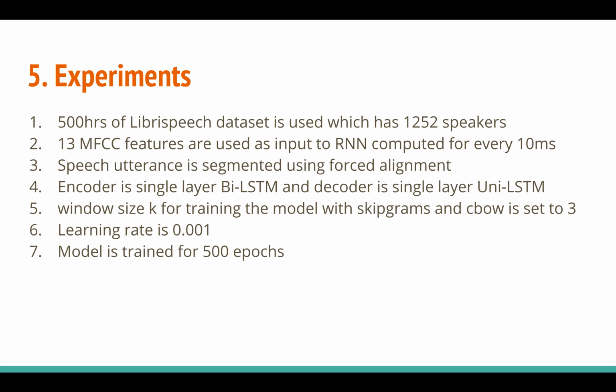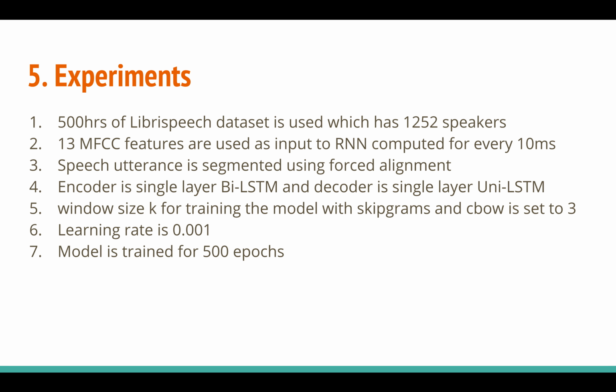The input to the network is a 13-dimensional MFCC feature, which is fed to the recurrent neural network during training, and these features are computed for every 10 millisecond window.